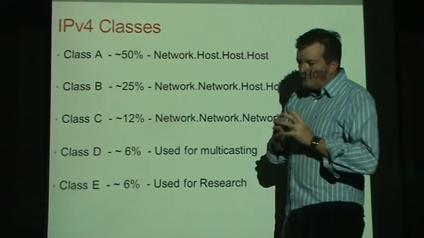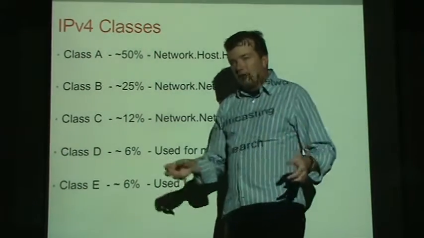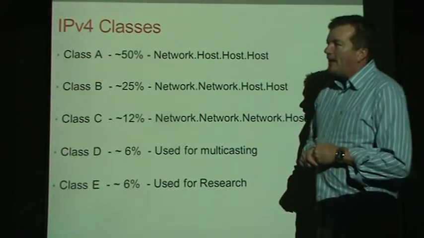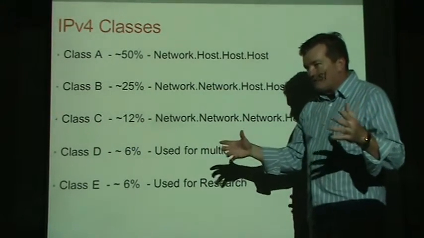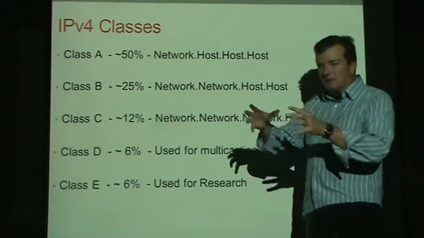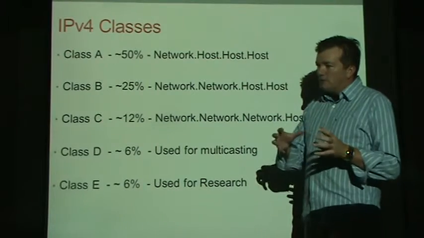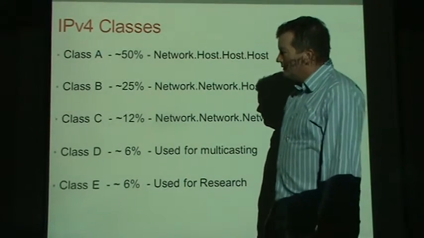And basically the idea was, if you have, let's say, an entity like a university or a company, and you needed so many IP addresses, some batches, some groups would get a bunch of them, and some would get a smaller amount. And the ones that would get a smaller amount, there would be more of those types of networks.